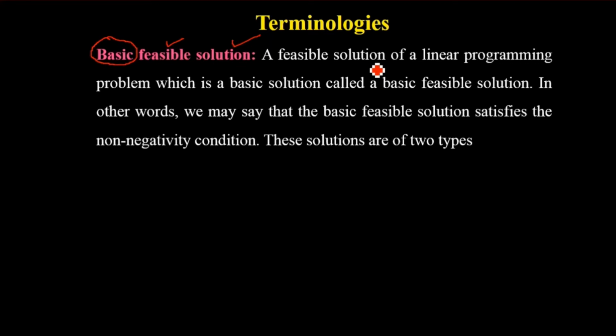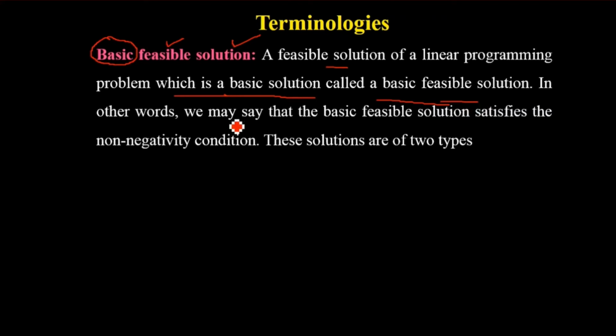A feasible solution of a linear programming problem which is a basic solution, meaning the solution we get after taking the extra variables as 0, is called a basic feasible solution.